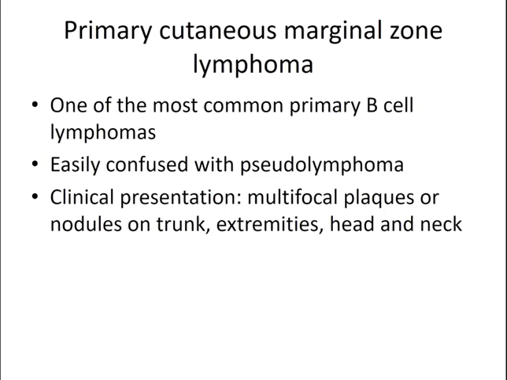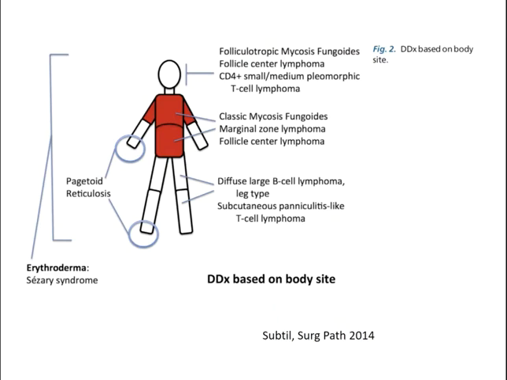And for the B-cell lymphomas, again, clinical presentation. The rule for the residents, even for the boards: lesion on the head and neck, follicle center lymphoma. Lesion on the chest or the upper extremities, marginal zone lymphoma. And this is a nice cartoon by Tony Subtil: follicular center lymphoma, marginal zone lymphoma, diffuse large B-cell lymphoma leg type.